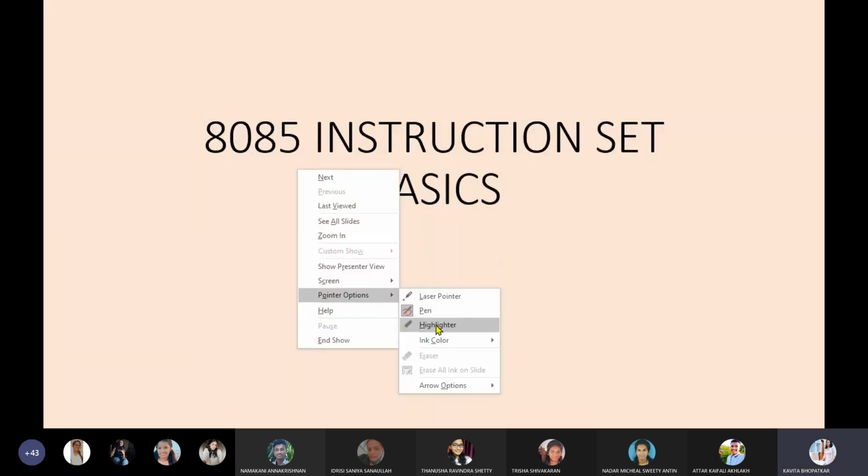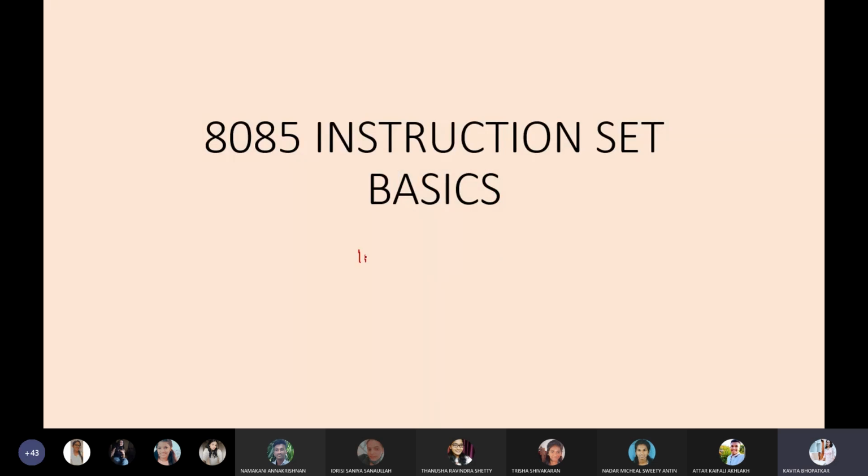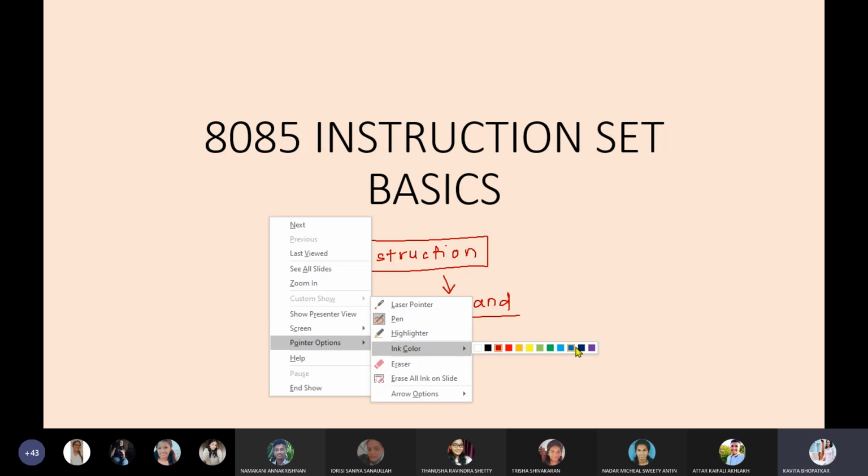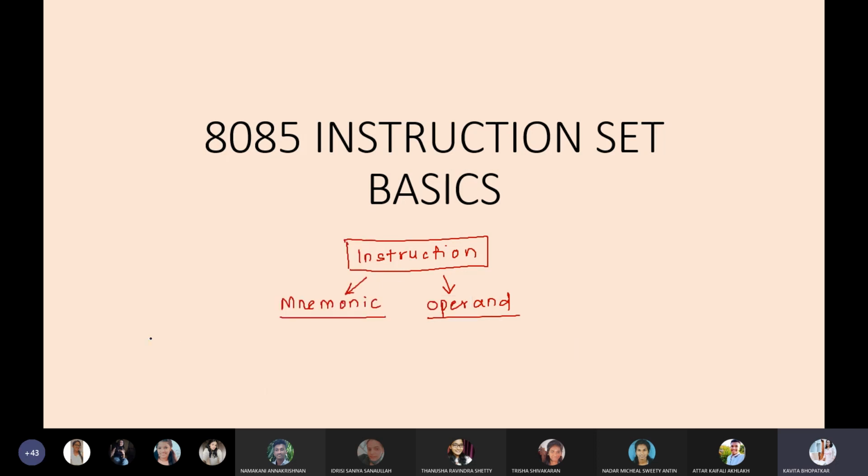Now coming to an instruction. When you look at an instruction, a whole instruction will have 2 parts. One is the mnemonic and the other is the operand. As I have explained before also, this is just a brief revision. Mnemonic is nothing but abbreviations in English.